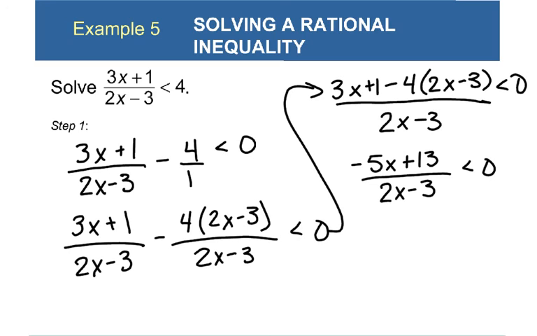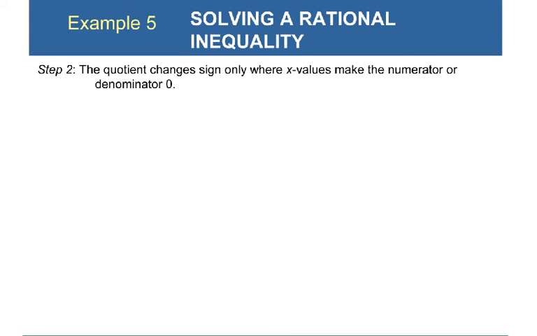And for the next step, remember, we are going to set both numerator and denominator equal to 0 and solve for those x values. Let's do that. So our numerator was this, minus 5x plus 13. I'm going to set that equal to 0. And then our denominator was this, 2x minus 3.